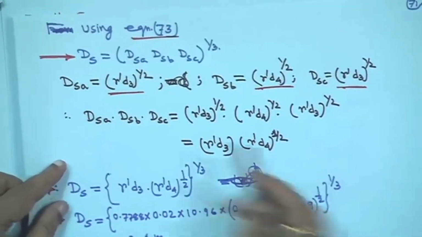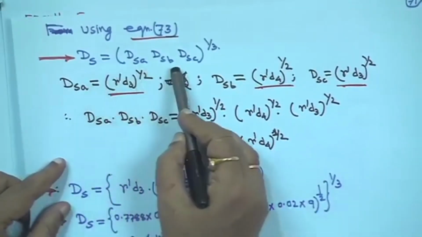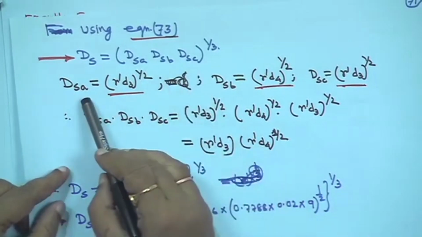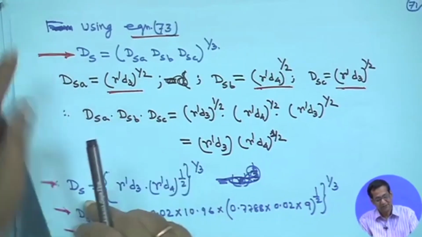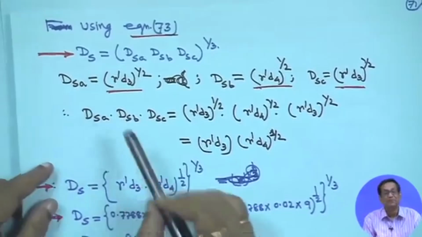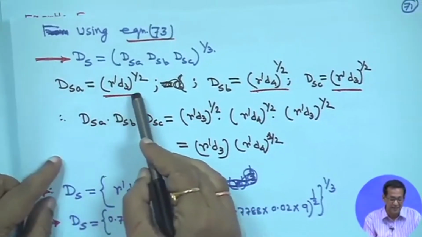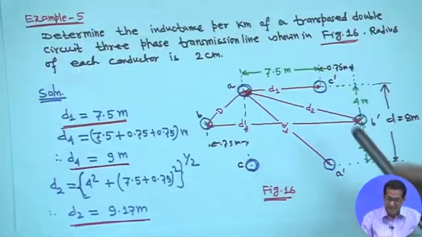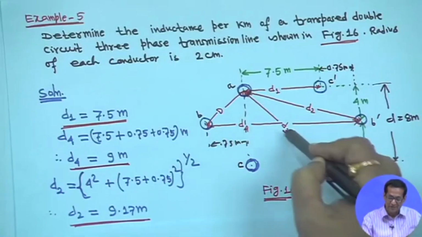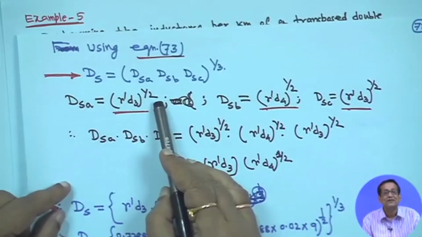Next is your equation, using equation 73, D_S is equal to (D_SA × D_SB × D_SC)^(1/3). Now, find out your self GMD for phase A, phase B, phase C, right. So, D_SA now easily you can calculate, R dash D3 to the power half, right.